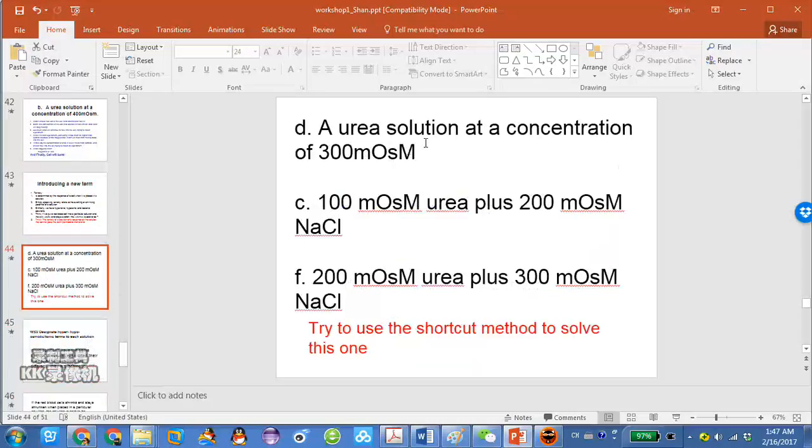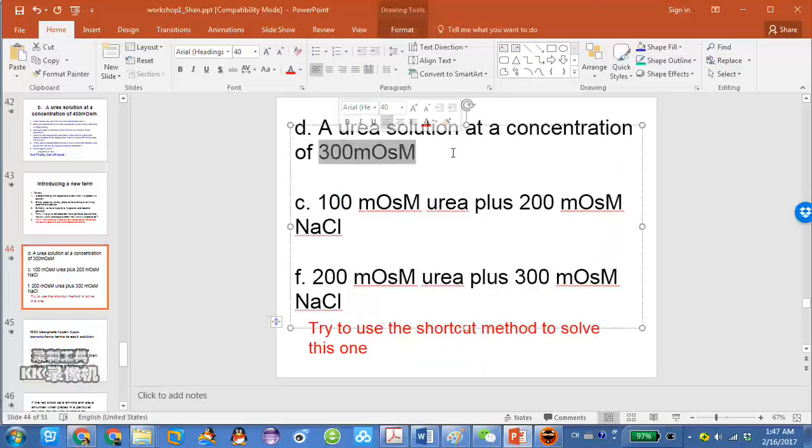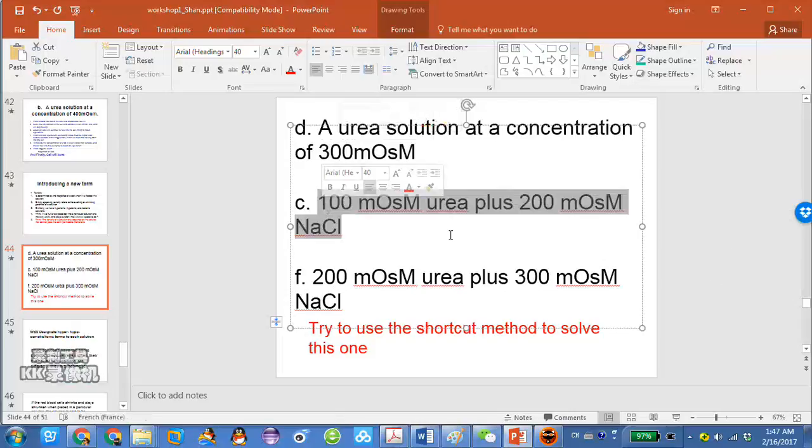Scenario D. This is an isoosmotic solution to the inside of the cell. The cell will eventually burst, so we say the outside is hypotonic solution to the inside. This one, you have 300 milliosmolar as a total osmolarity of the outside solution.